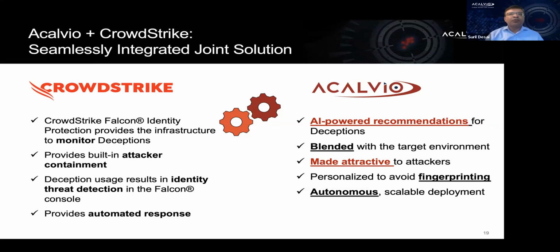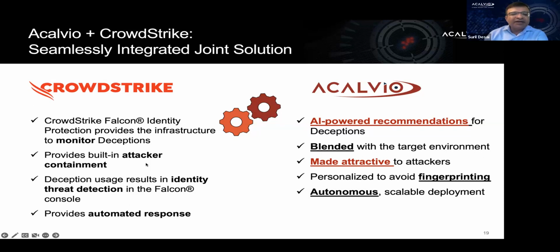It's very important to provide attacker containment, because when you're adding a deceptive identity into an Active Directory, you want to make sure that that deceptive identity cannot log into any of the legitimate endpoints. Now, that type of control needs to be built in, and that built-in containment is provided by CrowdStrike Identity Protection as part of this integration.